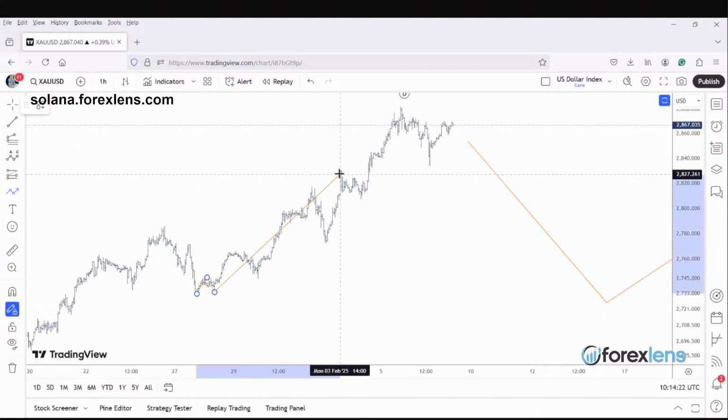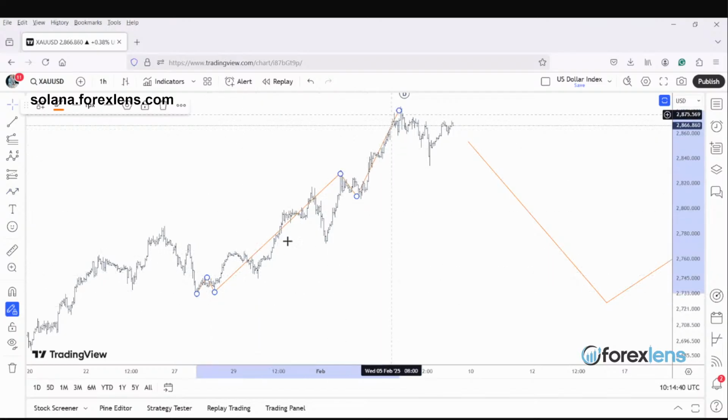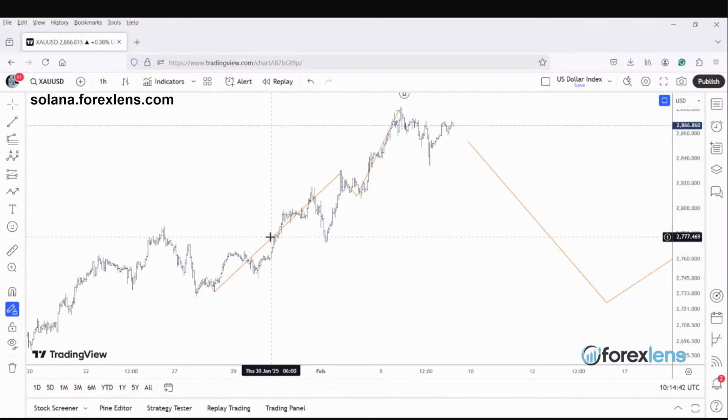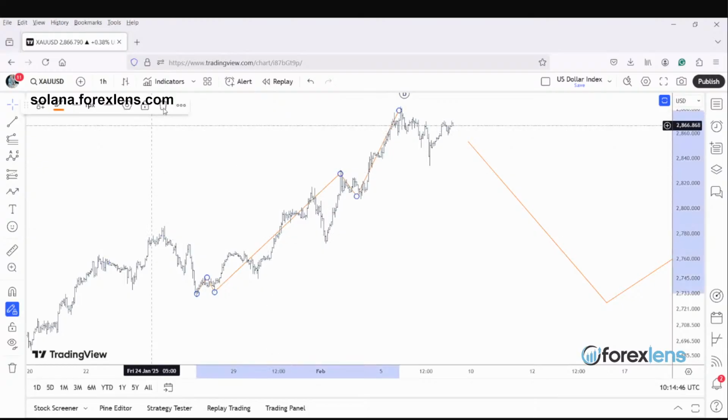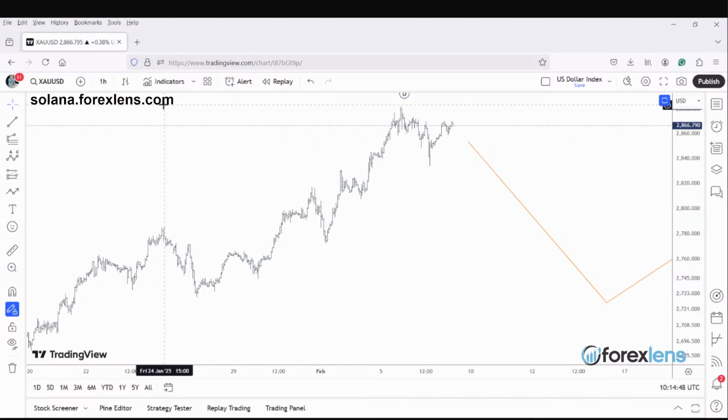That was third wave, extended third wave again, and wave four. I can really count five here after this, the third five waves. So if this wave structure is complete, then we are good to go. I mean, gold is good to resume its downtrend.